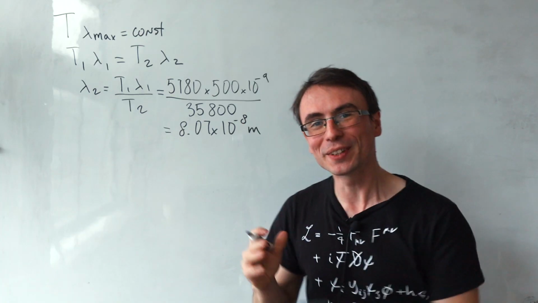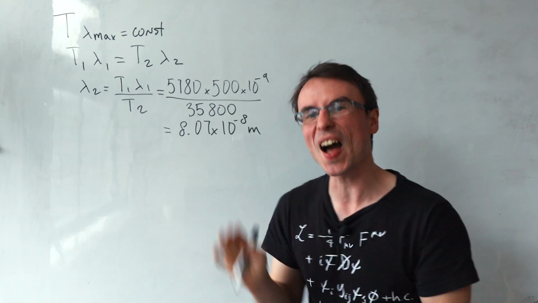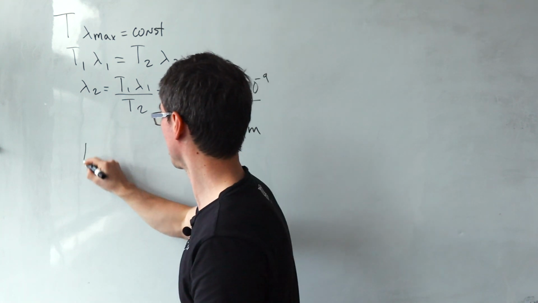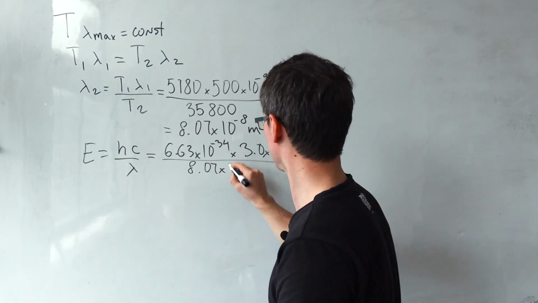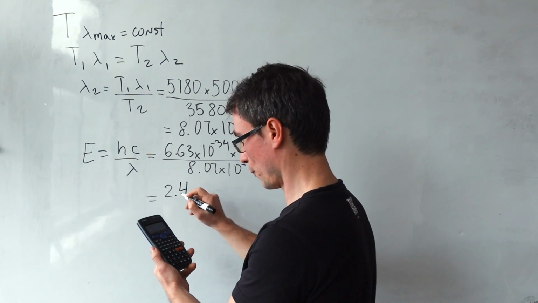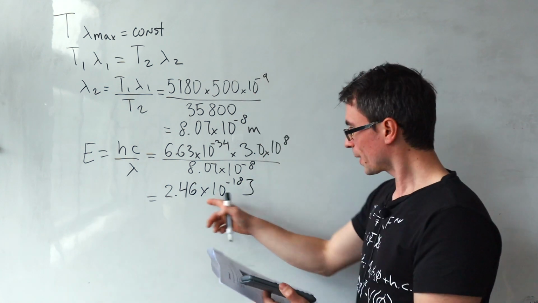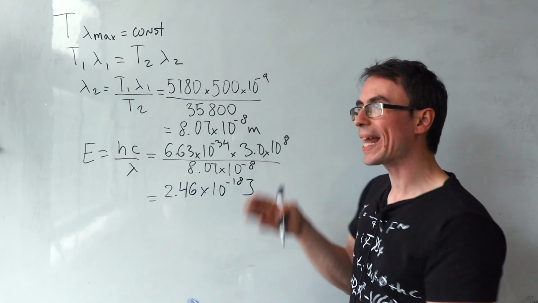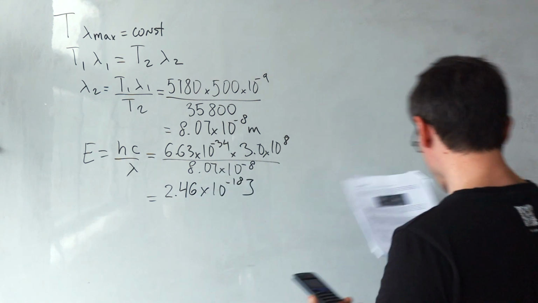Now this is looking pretty promising so far, because the smaller the wavelength, the higher the energy. So let's calculate the energy and see if it's ionizing. And this here will give me around 2.46 times 10 to the power of minus 18. We're going to need to convert this to electron volts to determine whether this is ionizing or not.